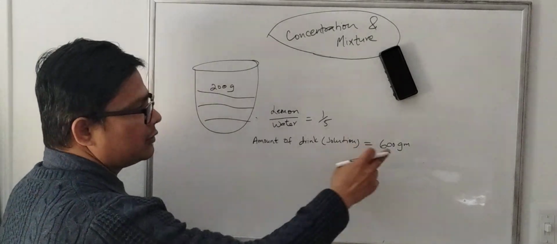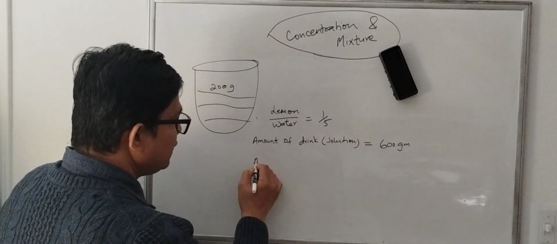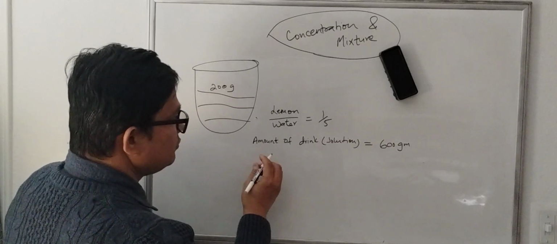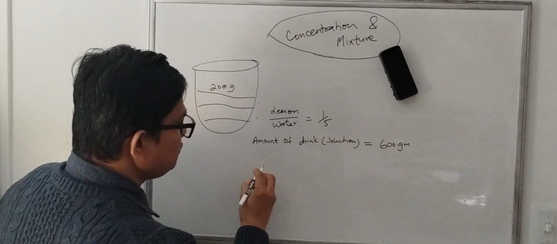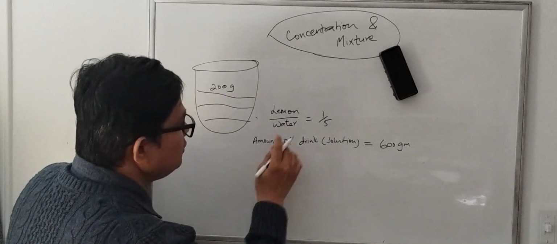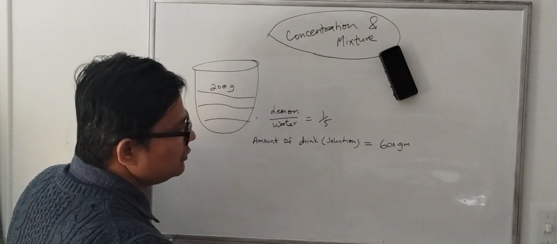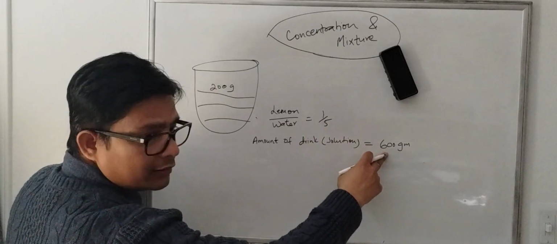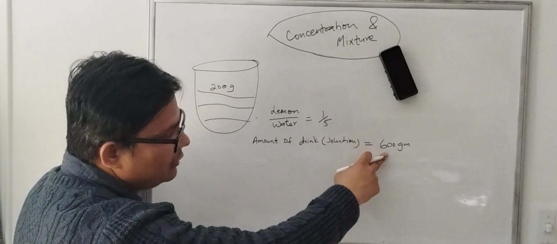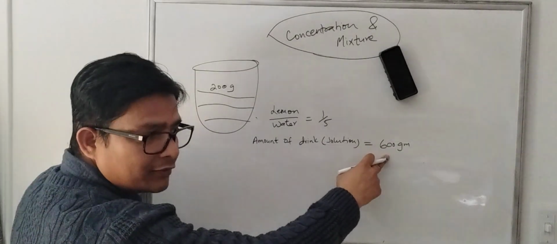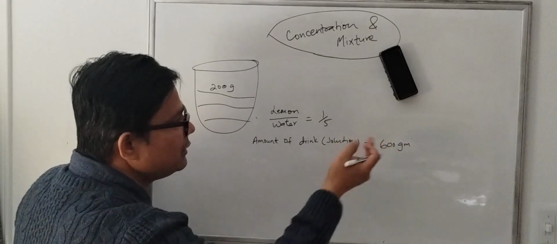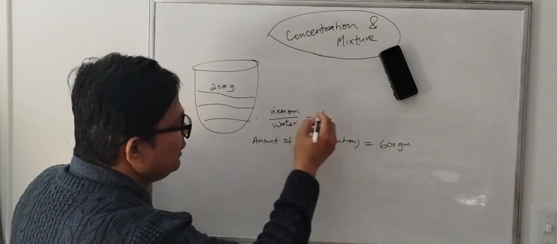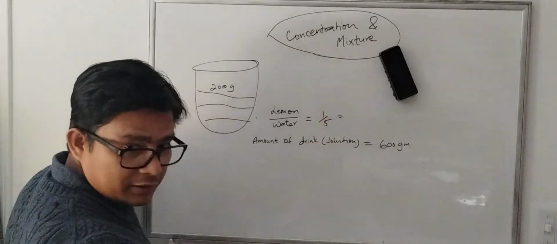So I have the amount of solution and the ratio is given. Okay, so see, this is the ratio. It means the fifth fraction of this thing is water, and one fraction is lemon. So look at the board.